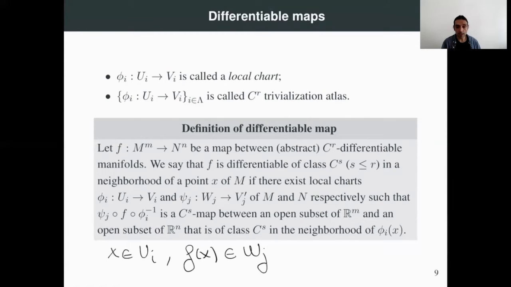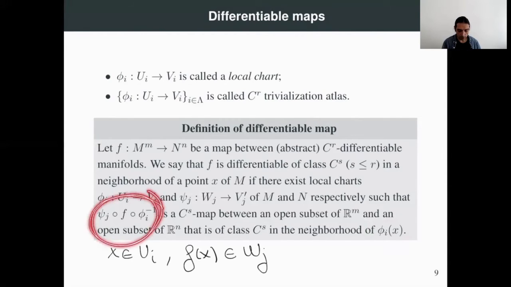And we say that f is differentiable of class C^s in a neighborhood of a point x if this map over here is actually differentiable of class C^s in the neighborhood of the parameter that corresponds to x, of phi_i applied to x. If that happens, we say that it is C^s in a neighborhood of x.